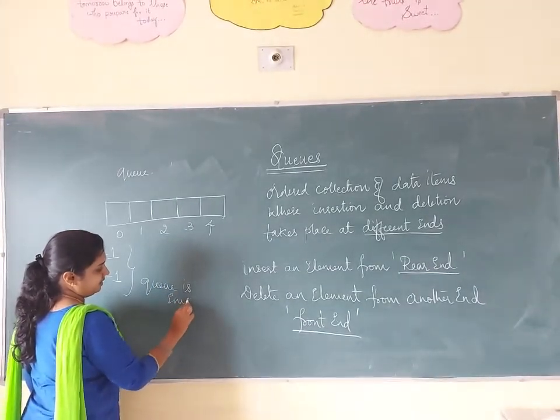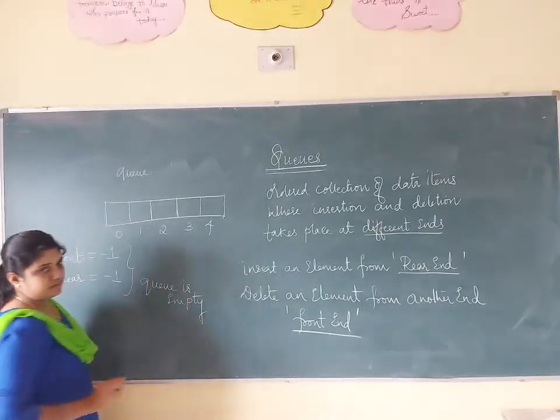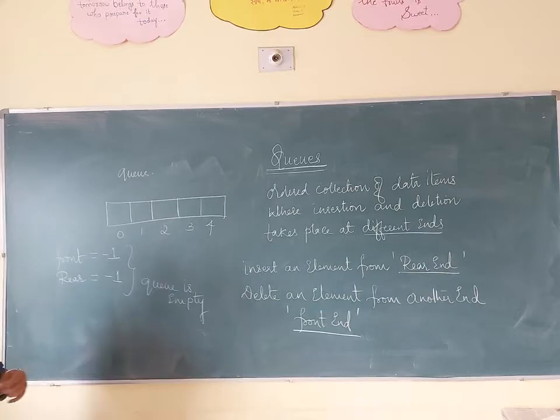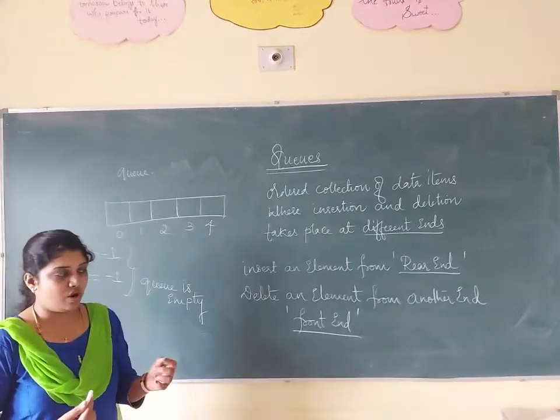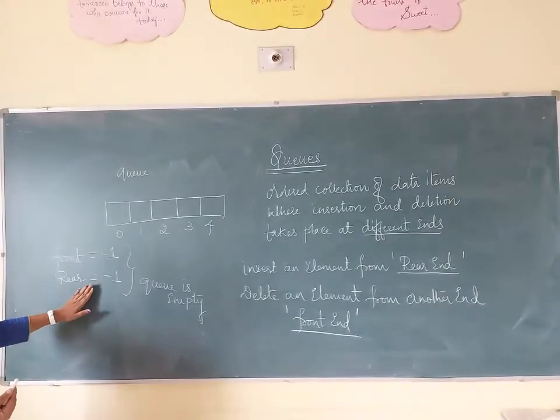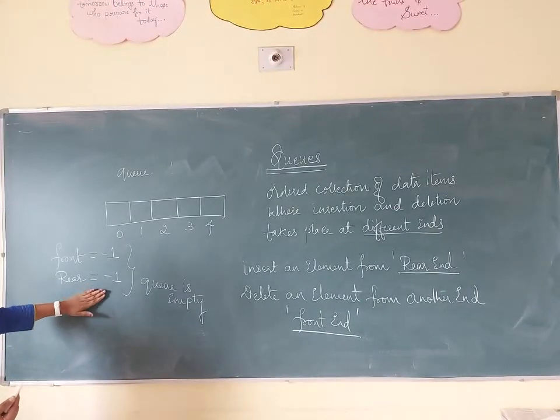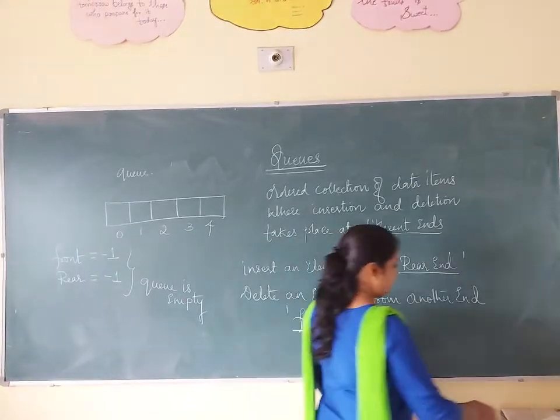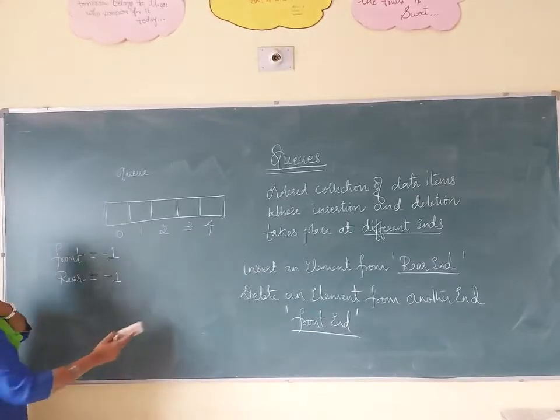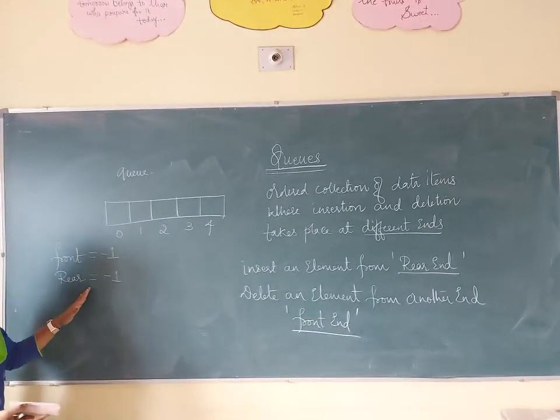The queue is empty. So how we are going to insert an element means you have to increment rear end. Consider, see here front is equal to -1, rear is equal to -1.